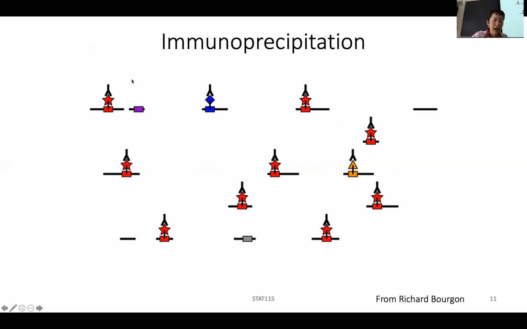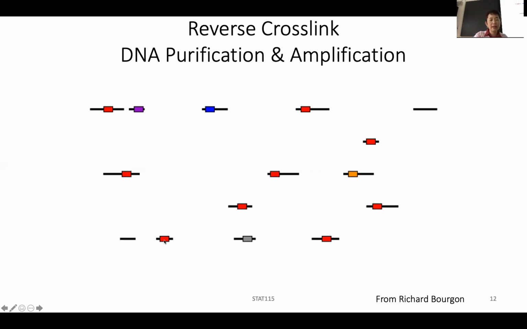And after we have enriched for this, there's a reverse cross-linking. You usually just heat up, boil this solution, and then the protein will break off from the DNA. And then you isolate the DNA, and at this point, you can amplify it a little bit, then you can do high throughput sequencing.